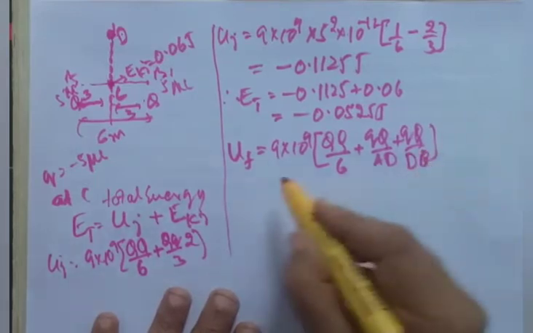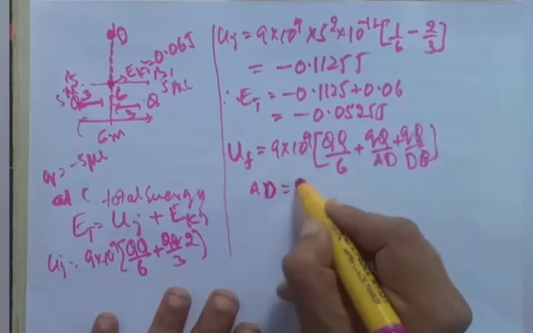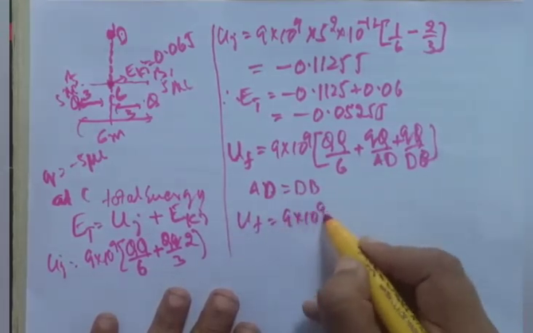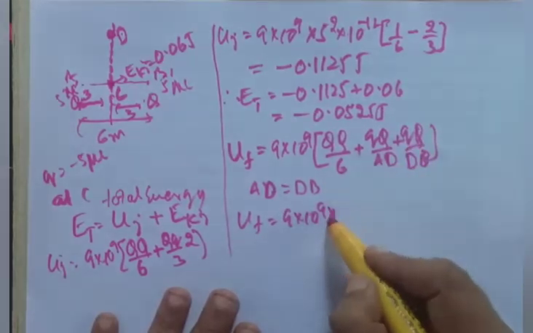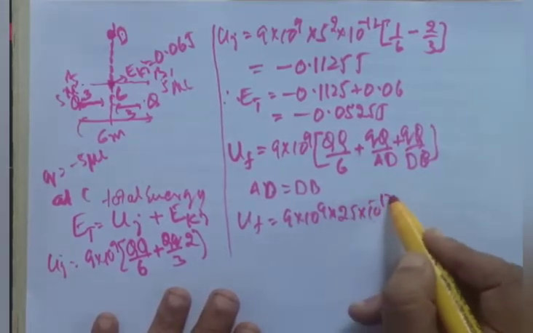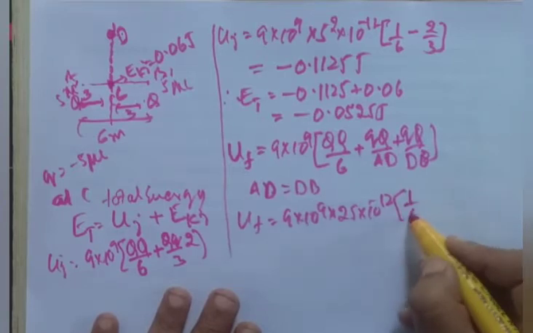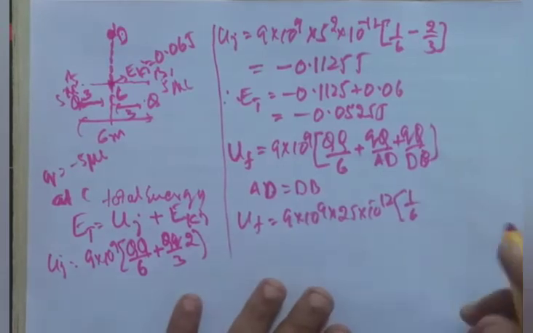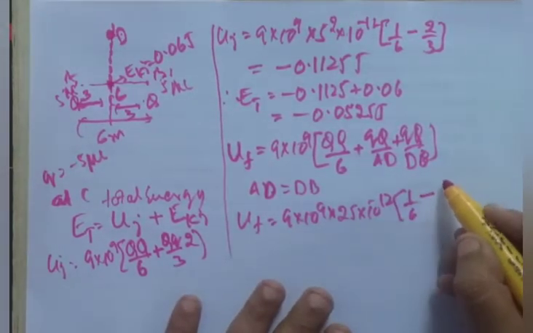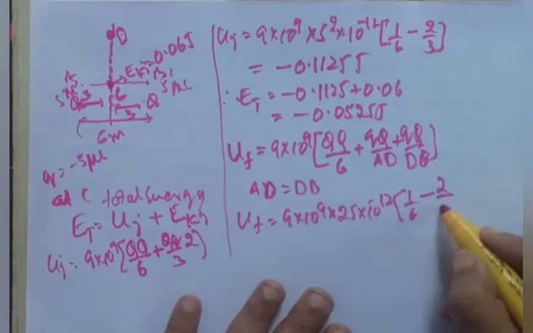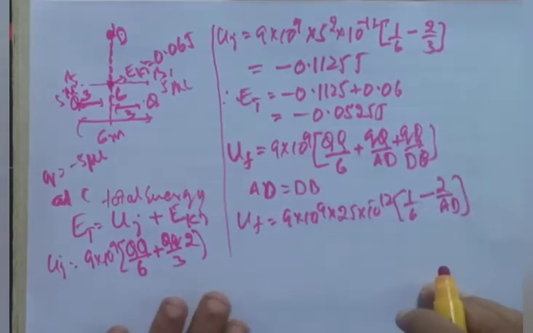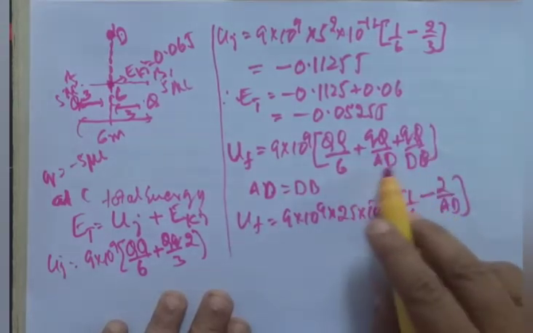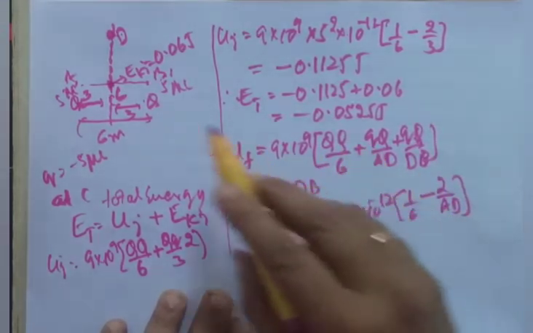But observe, by symmetry AD equals DB. Therefore, we can write UF as 9 into 10 raised to 9. Observe, all the Q's are 5, so 25 into 10 raised to minus 12 can be taken, but inside, 1 by 6 minus 2 by AD to be written, because these two are one and the same, so 2 is taken, adding AD, and minus because the small q is a minus charge.